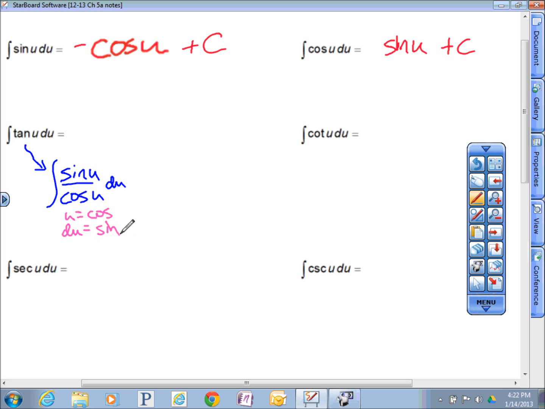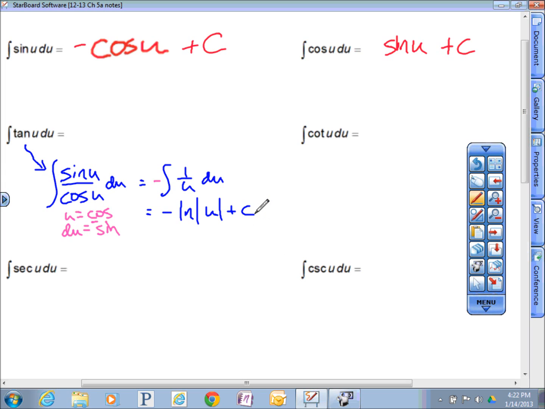So what I would really have in the problem would be the antiderivative of 1 over u du, and I would have, let's see, sorry, if I took the derivative of cosine, I'd get negative sine. So I need to throw a negative in. Well, if I took that antiderivative of 1 over u, I'd be looking at the opposite of natural log absolute value of u plus my c.